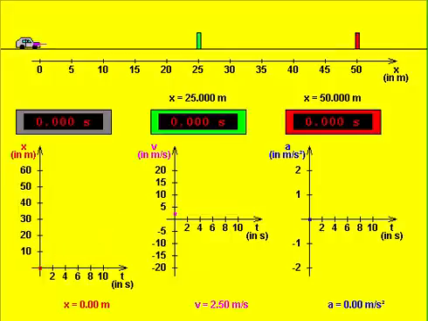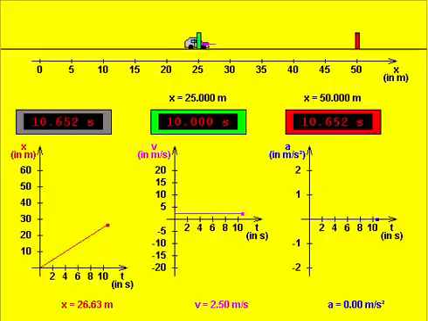Reset it. The last trial. Alright, you have 9 sets of measurements.